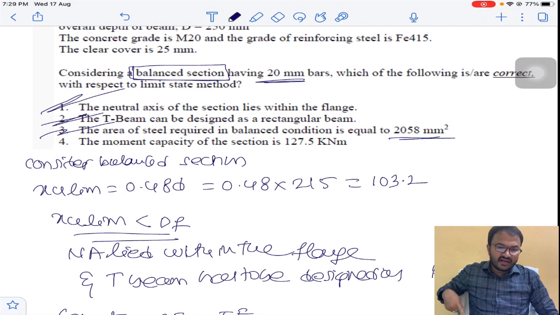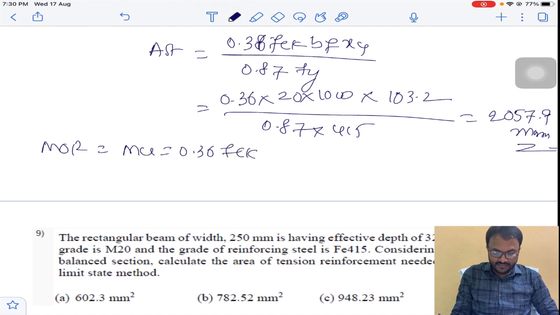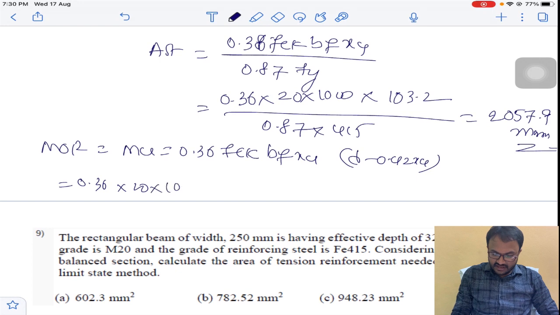Now moment of resistance of the given section is Mu is equal to 0.36 FCK BF into XU into D minus 0.42 XU. So that will be 0.36, FCK is 20 and BF is 1000 and XU is 103.2 and 215 minus 0.42 into 103.2.